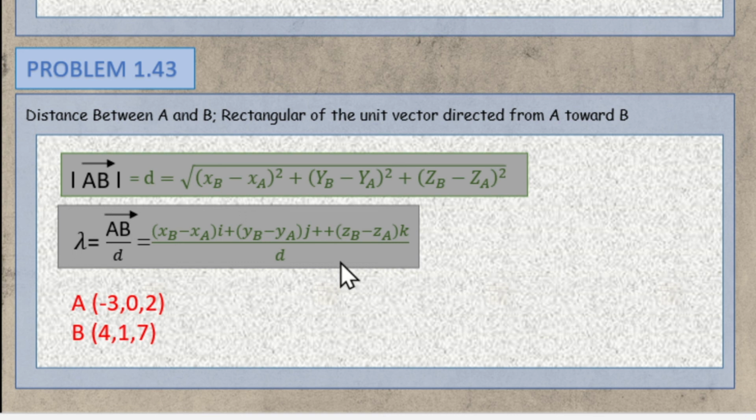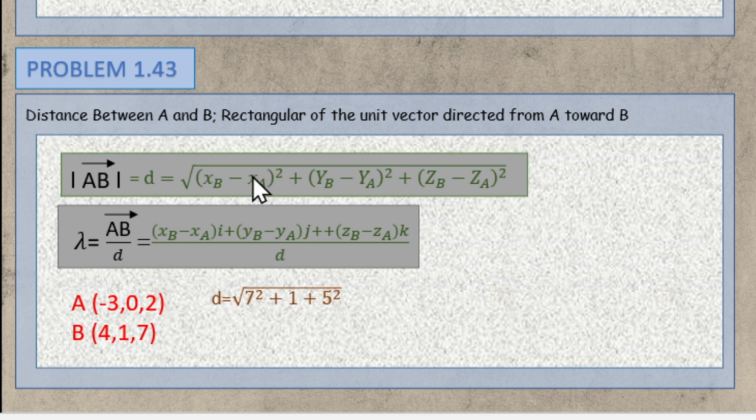Now let's start to solve for the distance between A and B. As you can see, it is A to B, therefore what we're going to do is B minus A. 4 minus negative 3 is 4 plus 3, which is 7.